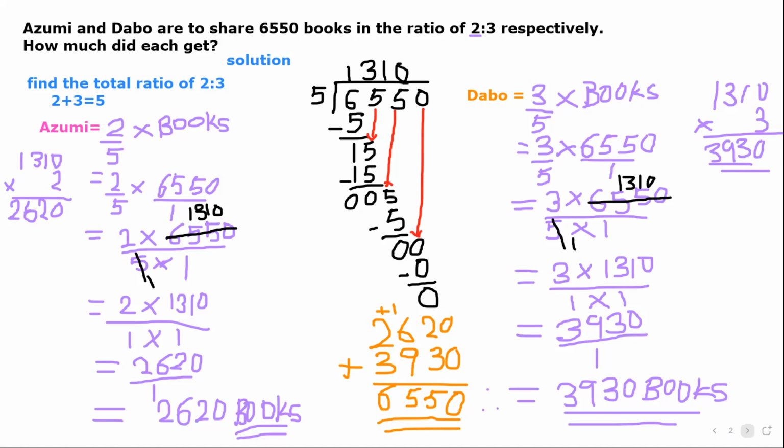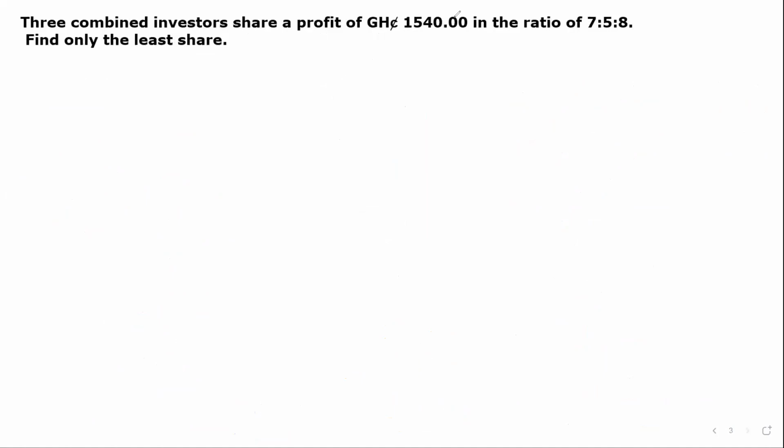Now let's solve the last example. I think this one will be the last one. The question says what? The three combined investors share a profit of 1,540 Ghana cedi in the ratio of 7:5:8.